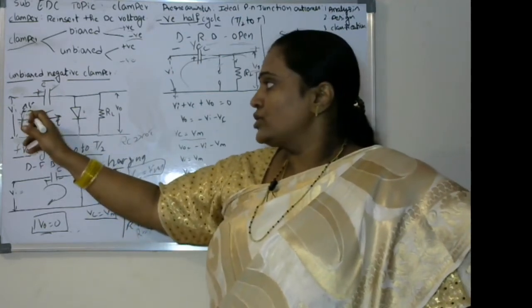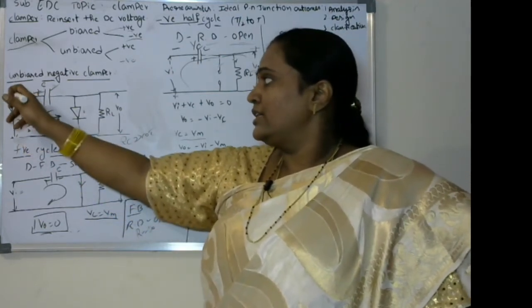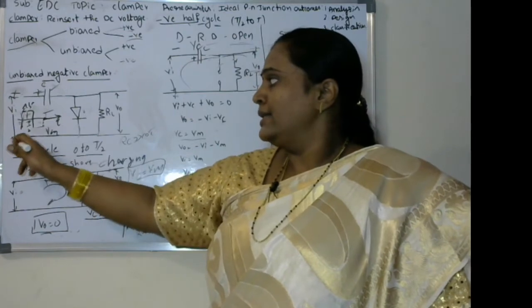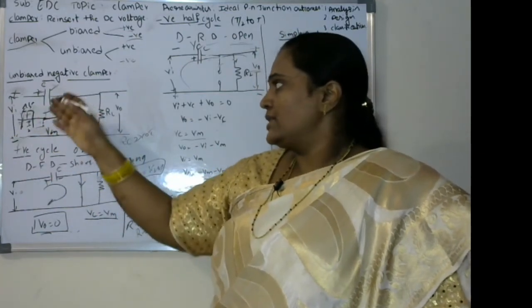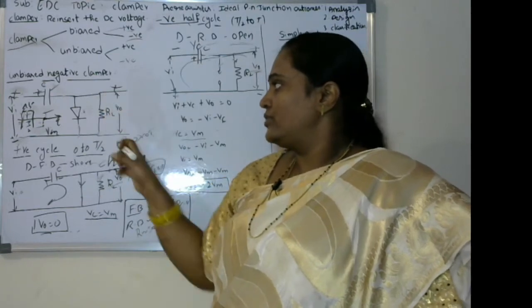For the positive cycle I have here positive and negative, the capacitor positive and negative once it has been charged, and the output here positive and negative.